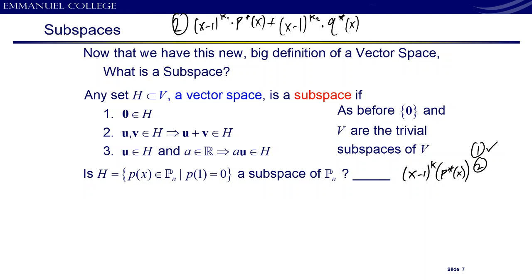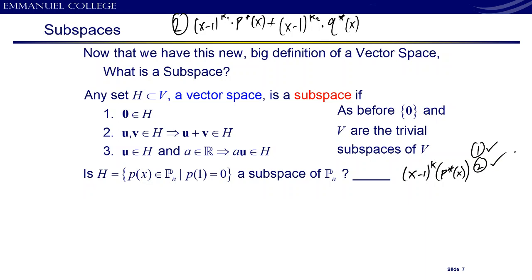They both have at least 1. So I don't know exactly how many of them I could pull out as a root, but I know I could pull out at least 1. So the key thing would be they still have a root of 1.